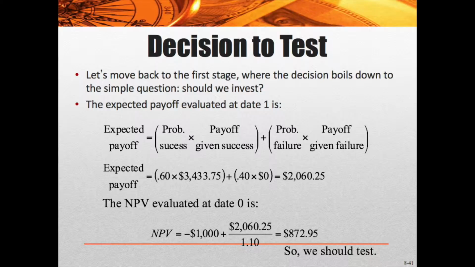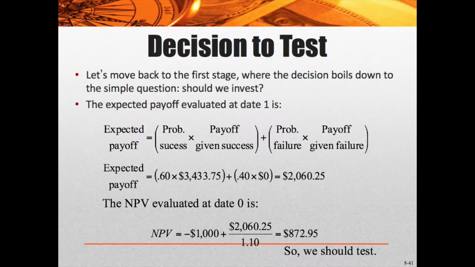So let's go back to the first stage where the decision comes down to a simple question: should we invest? The expected payoff evaluated at date 1 is the probability of success times the payoff of success, plus the probability of failure times the payoff of failure.